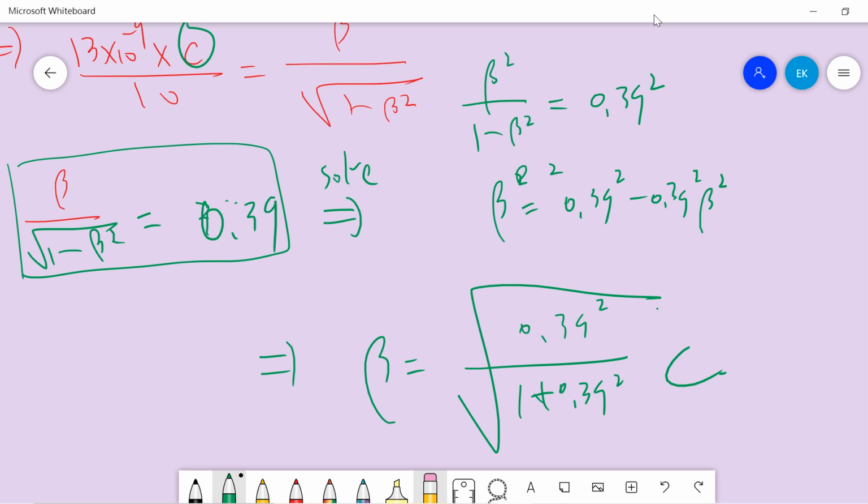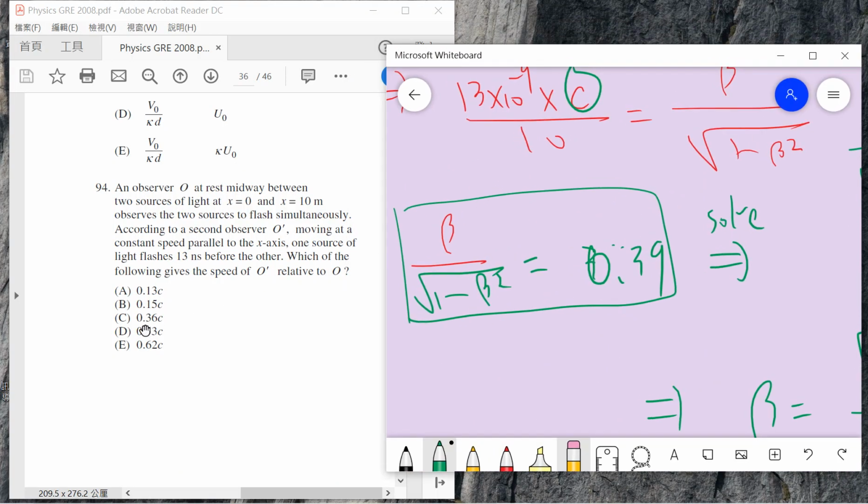So you need to find this. Basically, it depends. There are many ways to do it, but this is the answer. So the answer is 0.363. The answer is C.